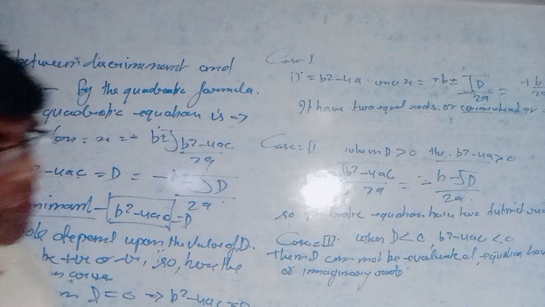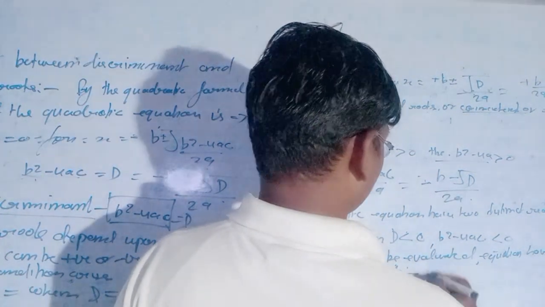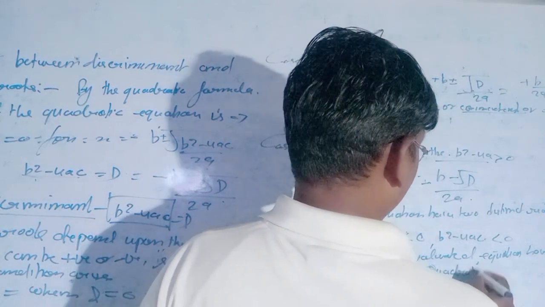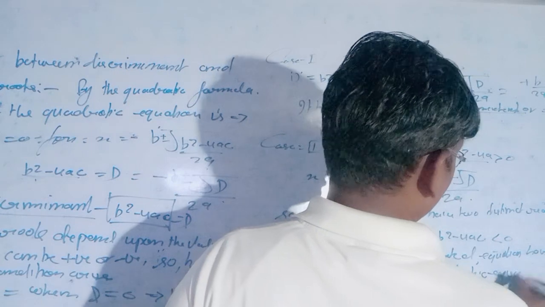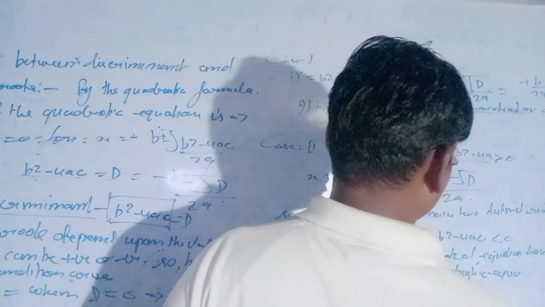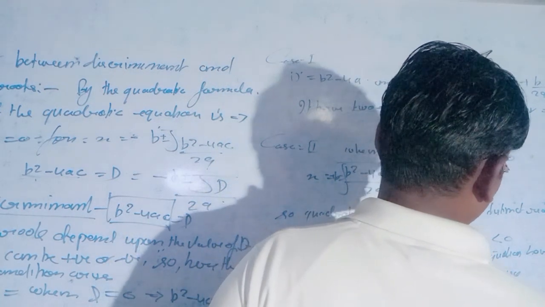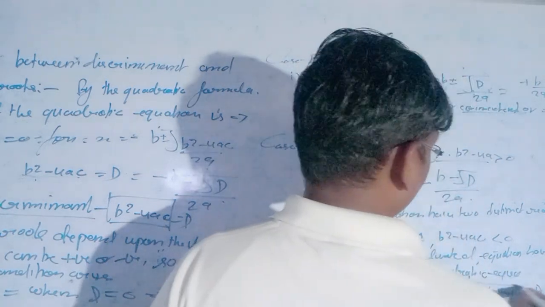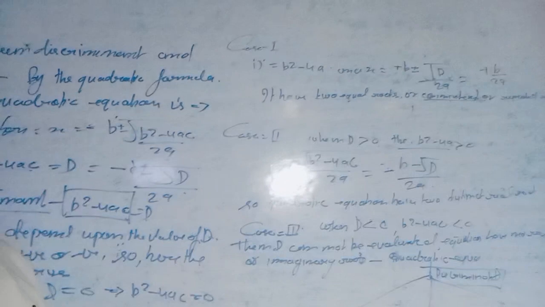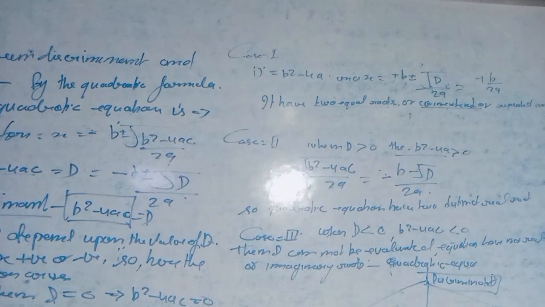For the quadratic equation, on the basis of the discriminant d, three conditions arise. What would those three conditions be?